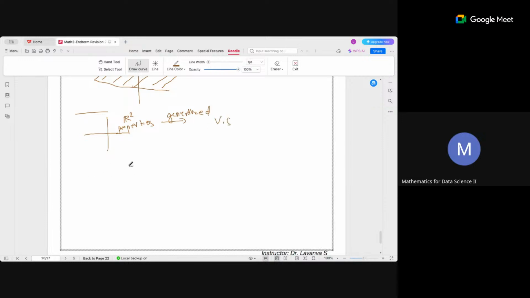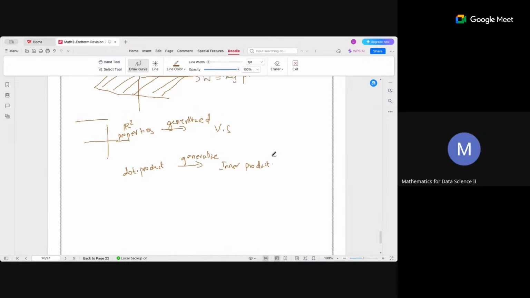Same thing we are doing here. Whatever properties you see for the dot product, you generalize them and call it inner product. That's all.